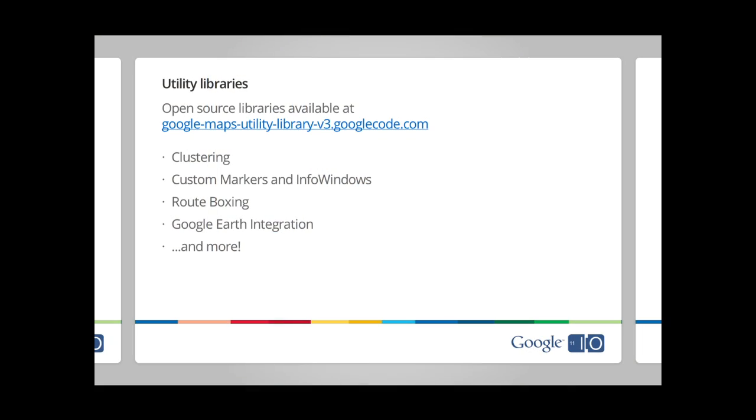So you can download this library and get the Earth button on Maps, it's map, satellite, Earth, and it'll transfer all the items that you have on your map to the Earth instance and sync the two. So the user can now view your content using Earth as well.